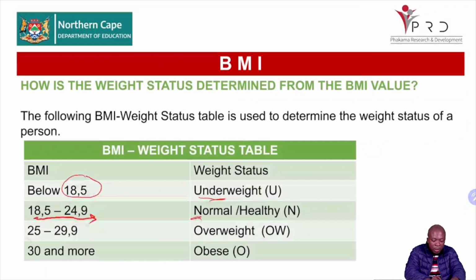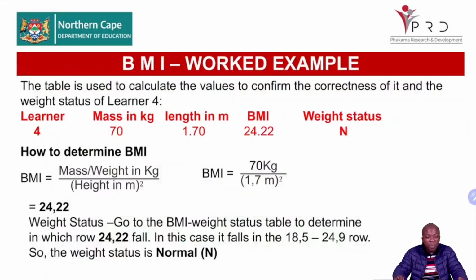If your BMI is from 25 up to 29, any value there, we say the person is overweight. In some books or examinations, they will write "at risk of overweight". So it's not just overweight sometimes. And if the answer is 30 or more, then we say the person is obese. That means the person has a very big BMI.